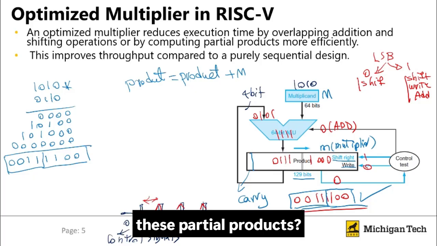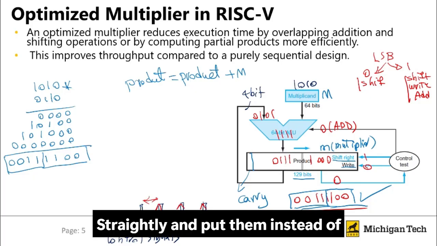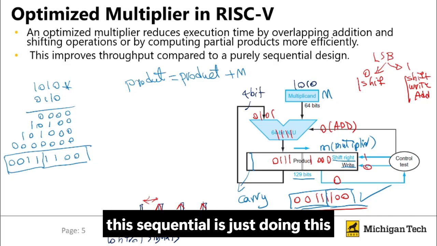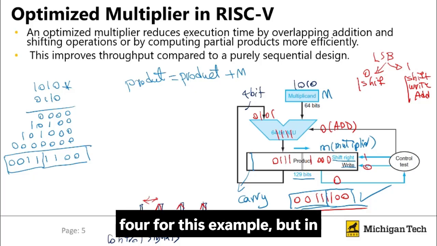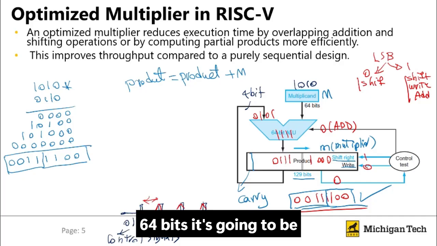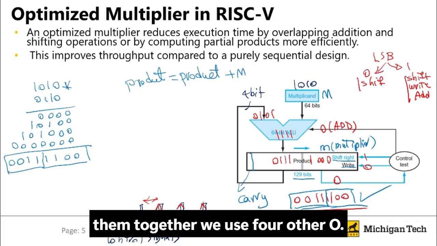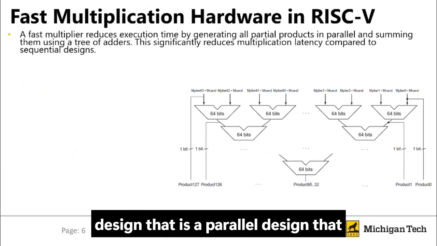What about we make these partial products separately and, instead of adding them in a sequence, because this sequential design is just doing this add 4 times, and in this example it's 4 but in 64 bits it's going to be 64, instead of looping 4 times to add them together, we use 4 adders. This makes a new design, a parallel design, which is this one.